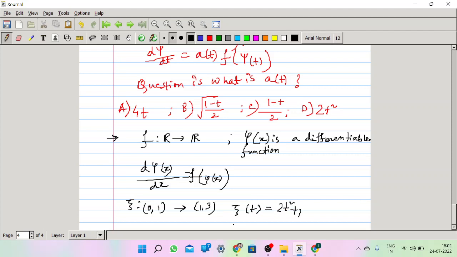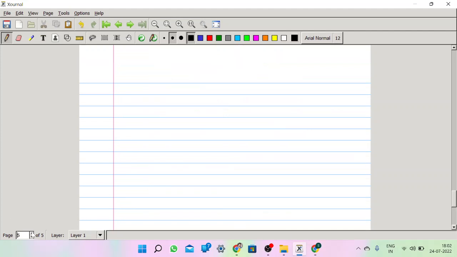And I am defining another function psi on the open interval 0 1 such that psi of t is the composition of phi with xi. So now I will differentiate psi with respect to t.